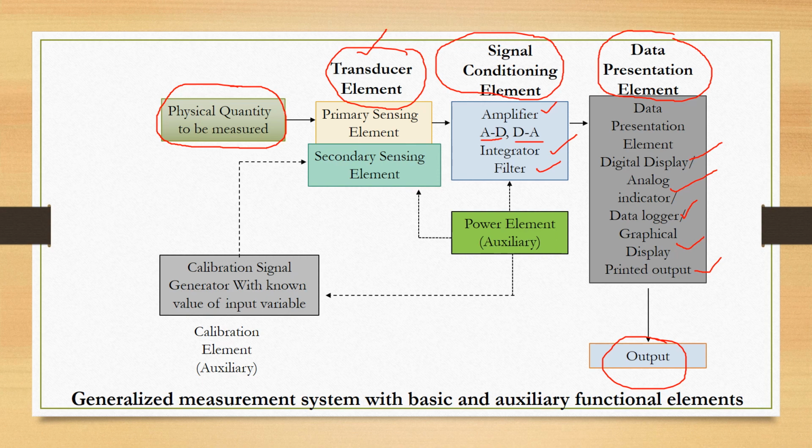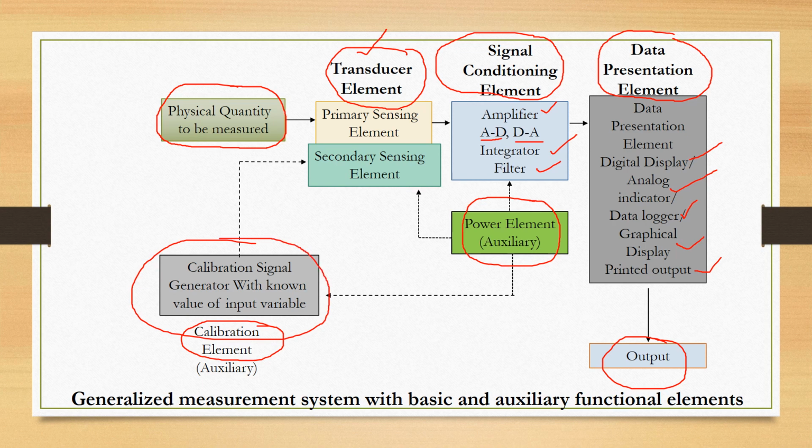Then sometimes you need a power element to operate some transducers or some signal conditioning elements or some calibration elements. And sometimes we need to calibrate the signal which is coming from the physical quantity. Whatever physical quantity you are measuring, sometimes you need to calibrate that, and for that the calibration element is needed.